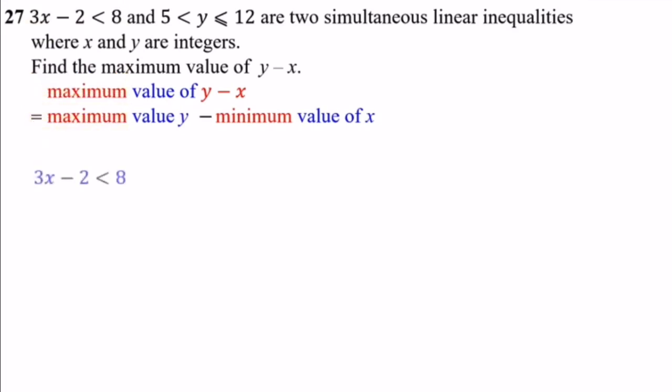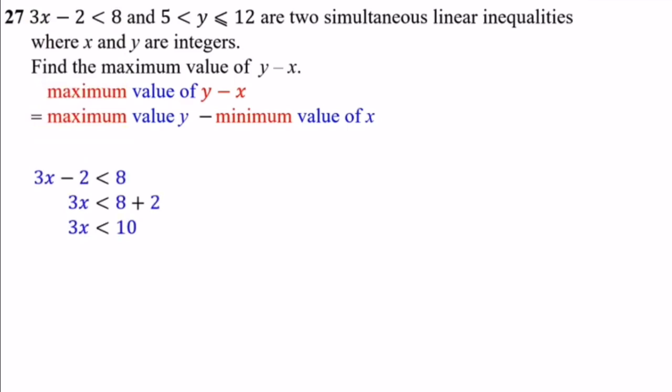We have to solve the inequalities and list down all the x values using the inequalities. So we have 3x less than 8 plus 2, you bring it to the right, so you have 3x less than 10. That means x will be less than 10 over 3.